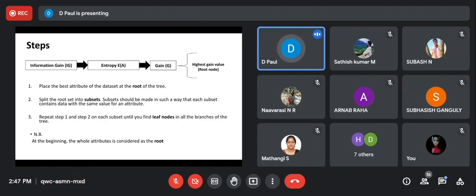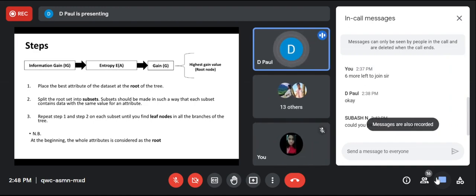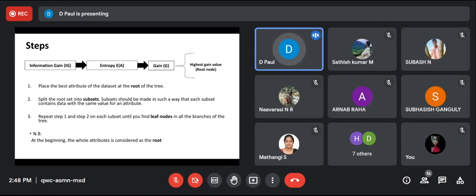Contain the data with the same value for the attributes. So what we do in a decision tree is that all the attributes are considered as the root. Then we calculate the information gain, entropy, then gain is calculated, and the highest value of gain is kept as the root of the tree.